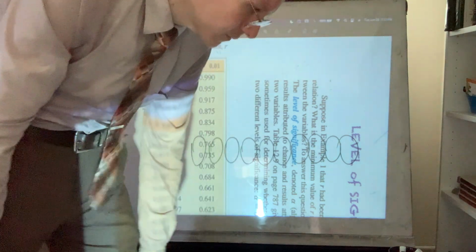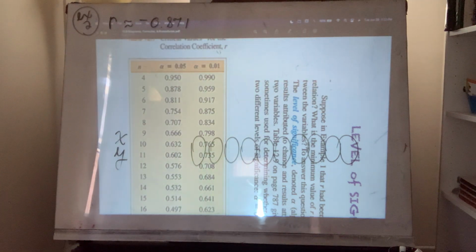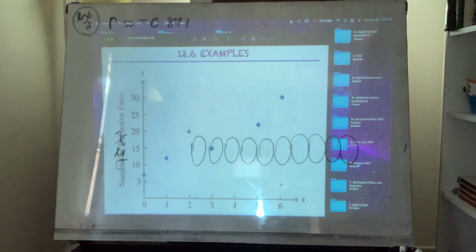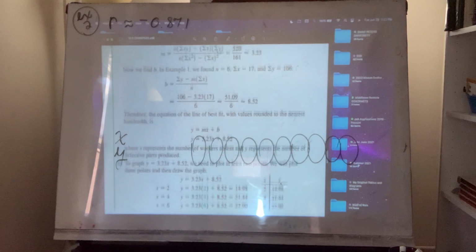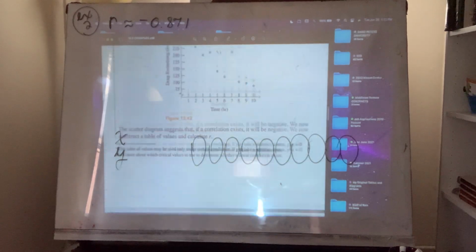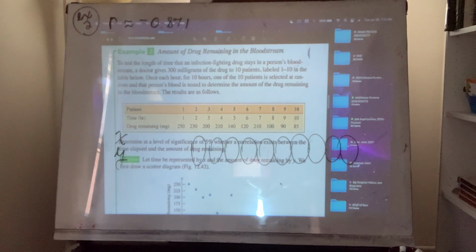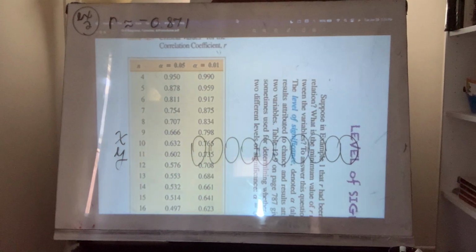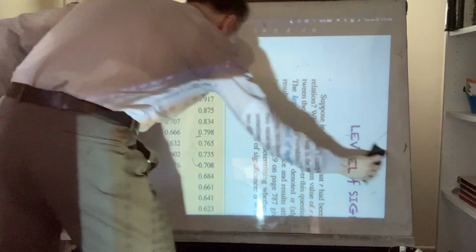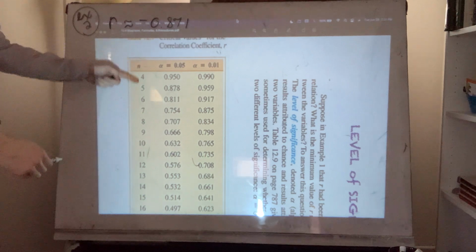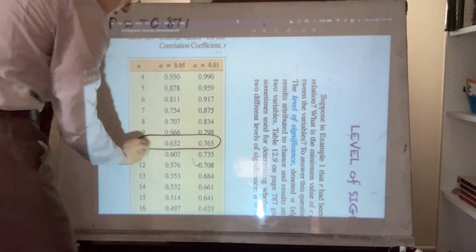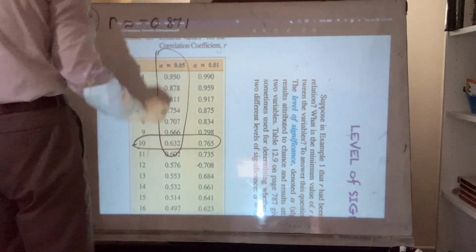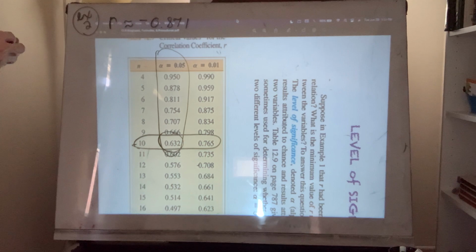In the example, they wanted the level of significance at 5%. Now there's 10 points of data, so that is the sample size. What we need to do is go to the sample size of 10 and look at the 5% level of significance here.